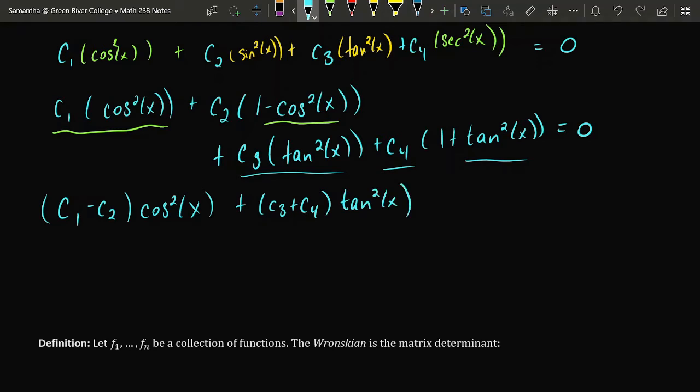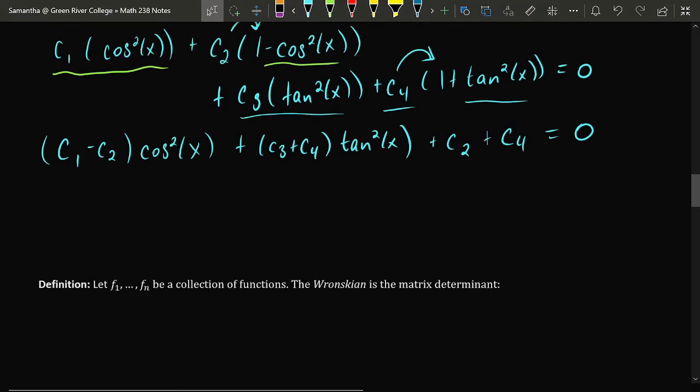And then we have some constants: C2 times 1, and C4 times 1. That needs to be equal to 0. Can I make this happen in a way that's not completely trivial and silly, where all the constants are just equal to 0?